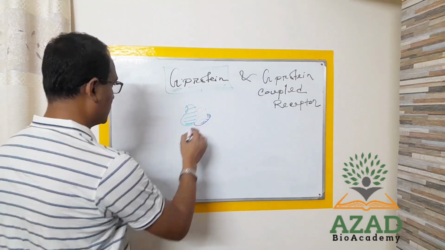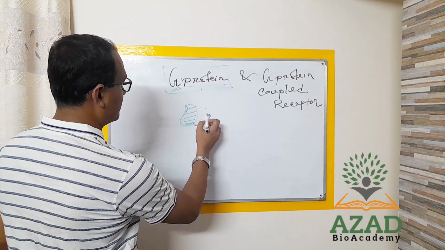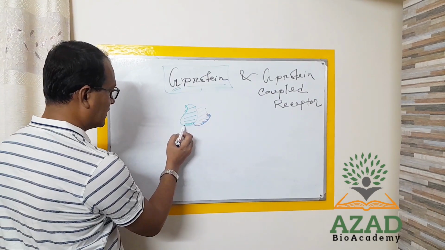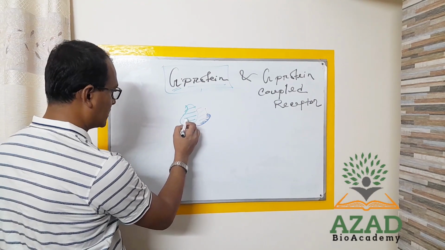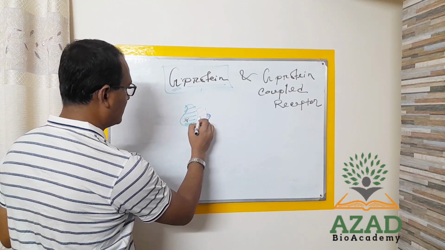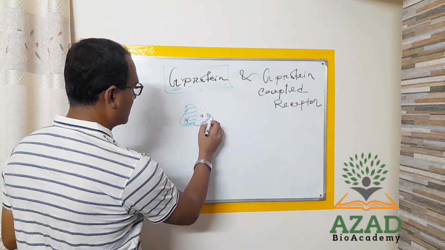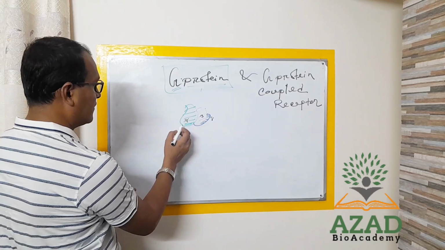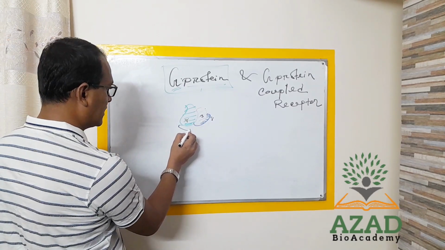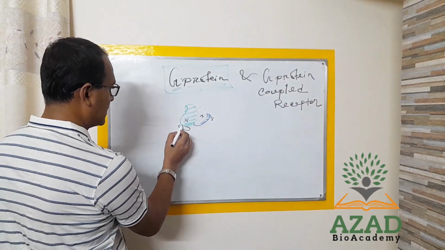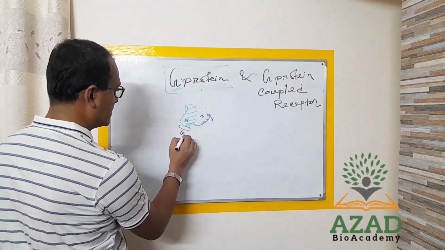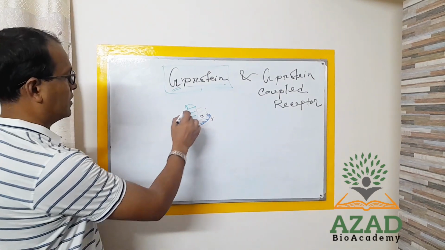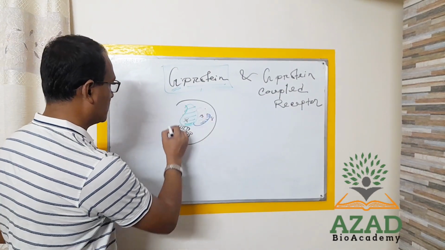These are different proteins 1 to 3, so heterotrimer. Here this is the alpha subunit, this is the beta subunit, and this is the gamma subunit. Initially, with the alpha, one additional thing is attached, this is the GDP. That's why this protein is called G protein.